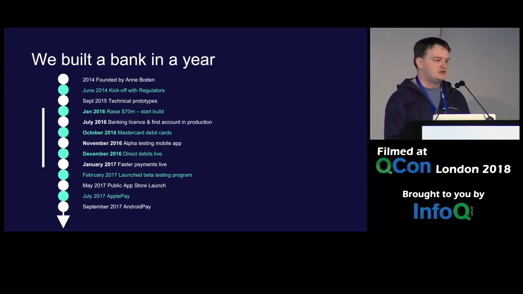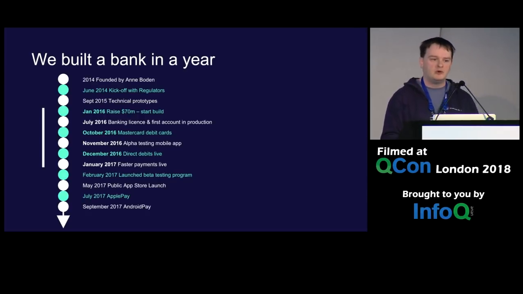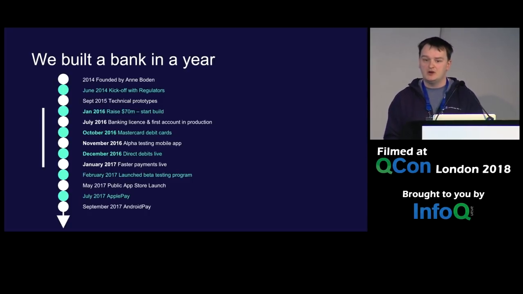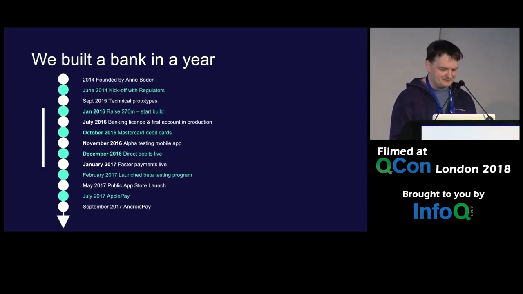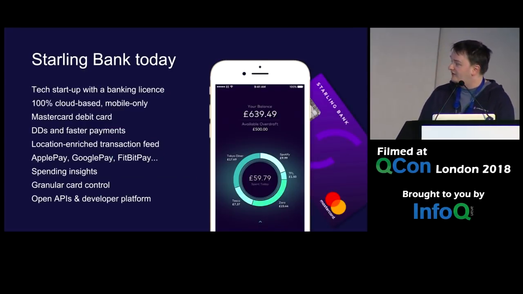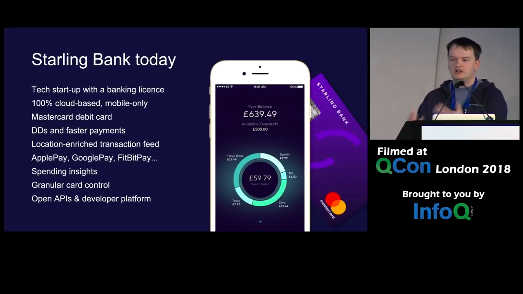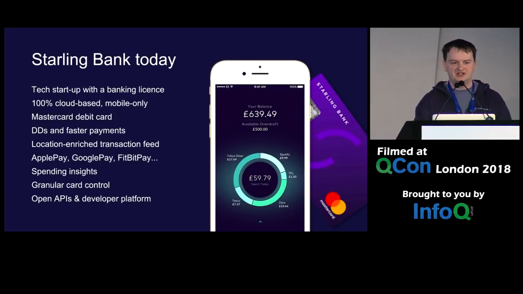And then we carried on. We launched in the app stores, launched publicly in May, and we've been building up more and more features since then. Insights on your spending, savings goals, the ability to what we call Starling Pay Me, where you can settle up bills and that sort of thing. So today we have all of these different features and more. I haven't listed them all by any means, but we are carrying on going great guns with developing all of these new features.